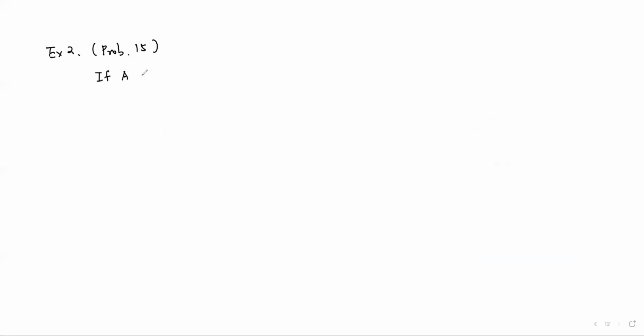If A and B are 2 by 2, then A times B is the first column of A times the first column of B, and the second column of A times the second column of B. True or false?